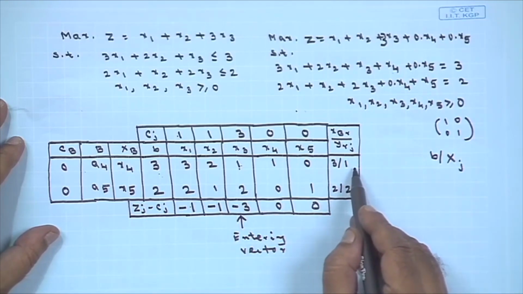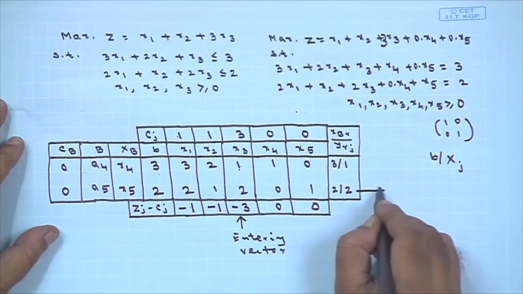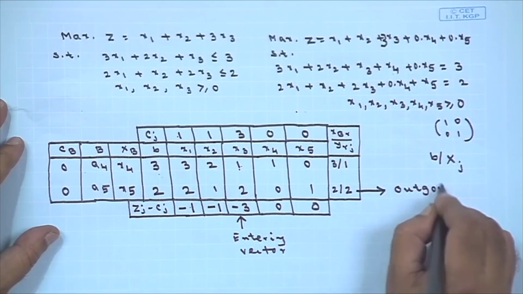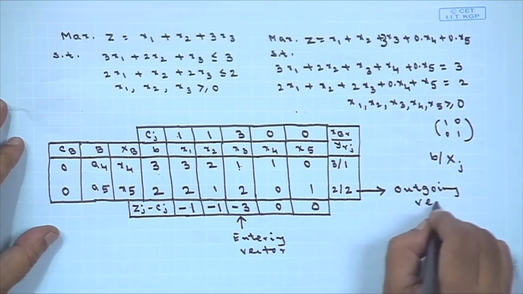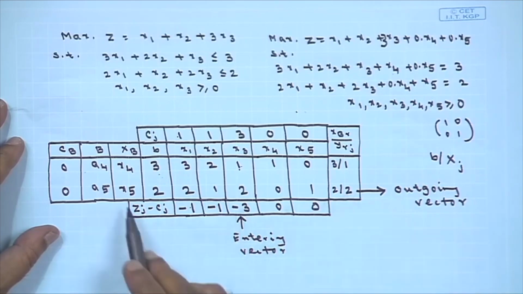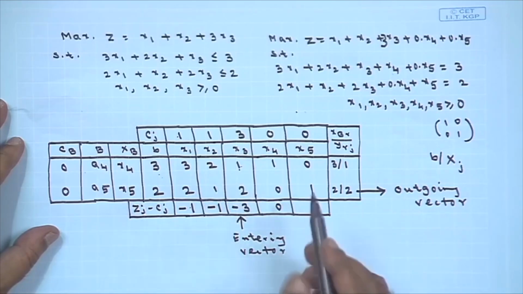So, the first value is 3, second value is 1. So, the minimum value of these two is 1. So, your outgoing vector will be this one. So, your outgoing vector is x 5 and x 3 will enter into the basis.